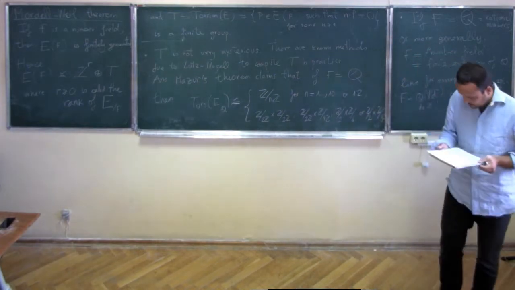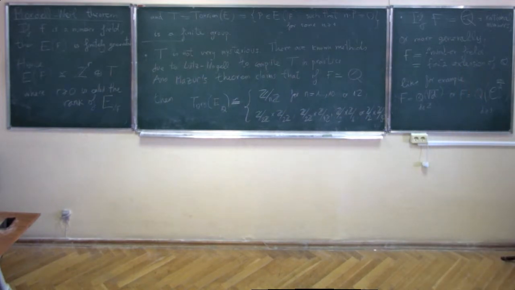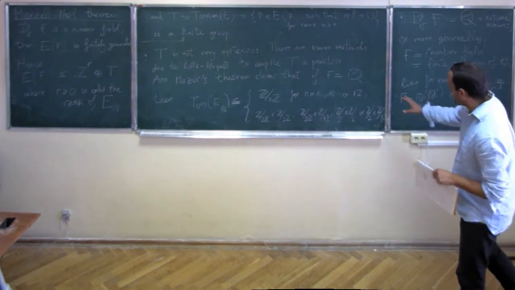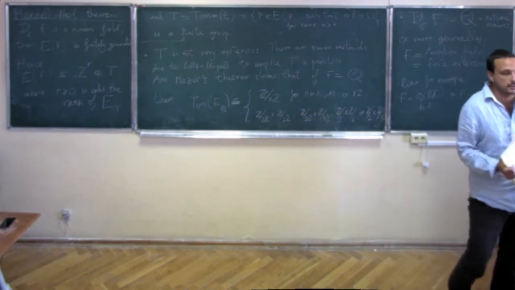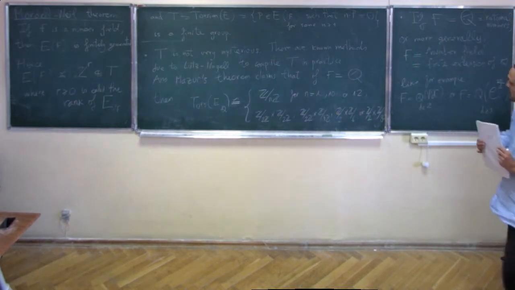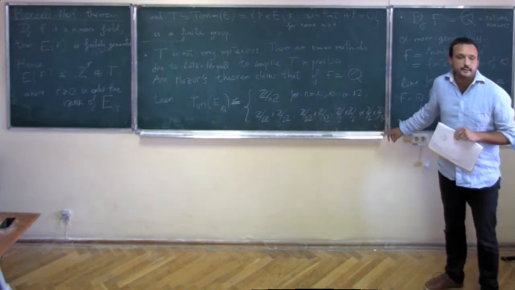These are all the possible possibilities. This means that there are only 16 cases, and therefore the largest possible torsion has cardinality 16.